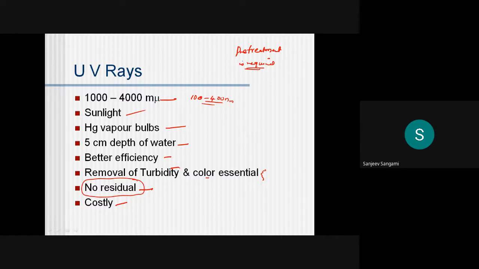It is costly because producing UV rays itself is costly, as we are using the Hg vapor lamps here, and the cost of Hg vapor lamps is more.